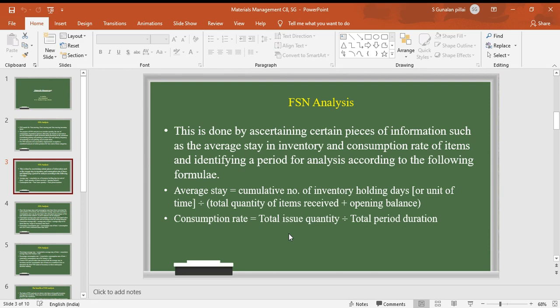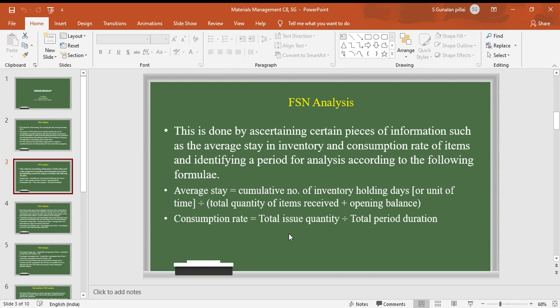He will know that. But imagine that some 20,000 products are there in the store or warehouse. How can a person or a group of people identify which are fast moving, slow moving and non moving? It is very difficult. So nowadays computerized software solutions and these techniques identify them with formulas for how we have to calculate.